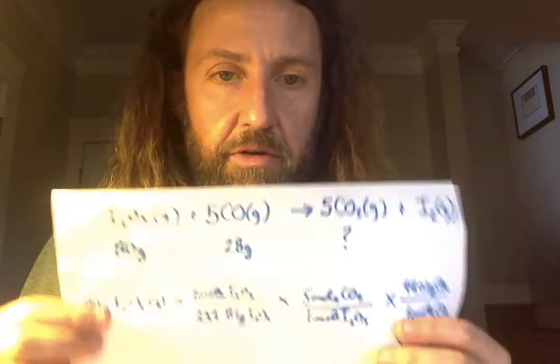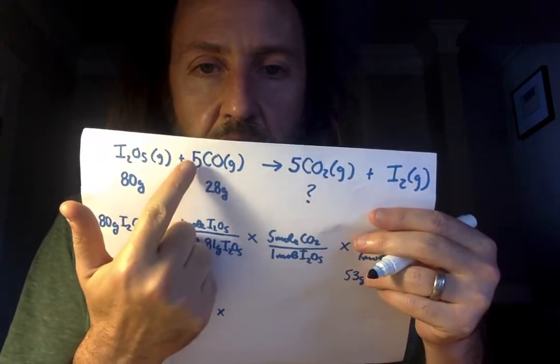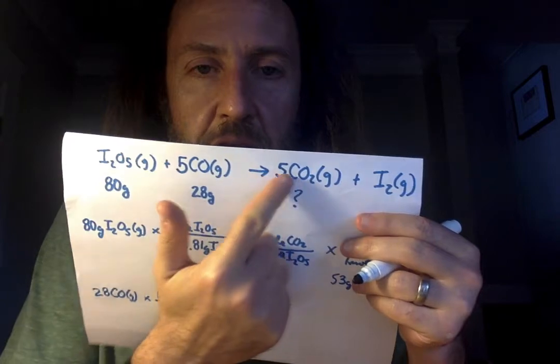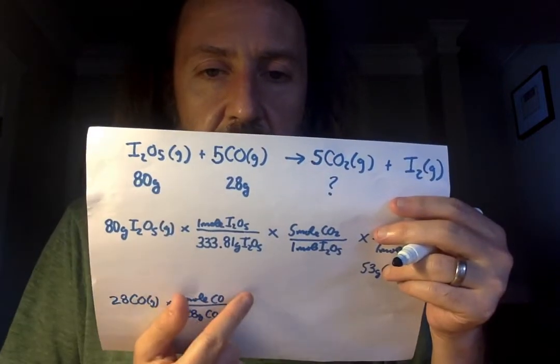Now, 28 grams of CO, not CO2, CO, carbon monoxide. Okay, and then I just got to do basically the same thing. 1 mole of carbon monoxide is 28 grams of carbon monoxide. And then my ratio is going to be different because if I need to put in 5 carbon monoxide to get 5 carbon dioxide, that's going to be a 5/5 ratio, which is going to cancel out.